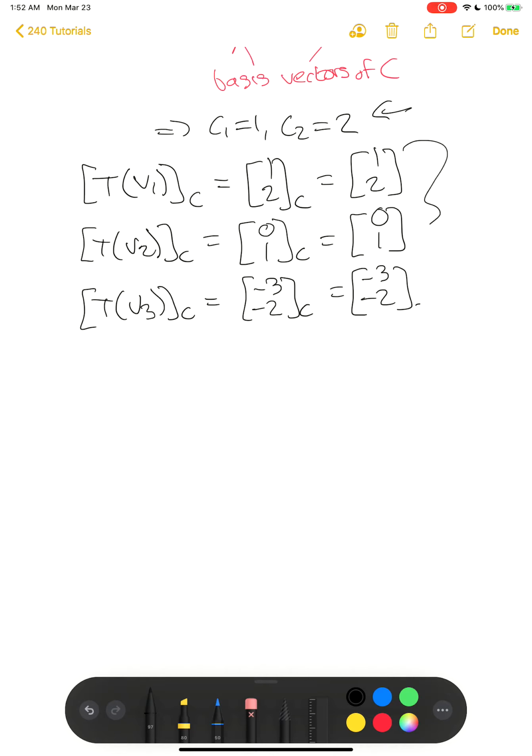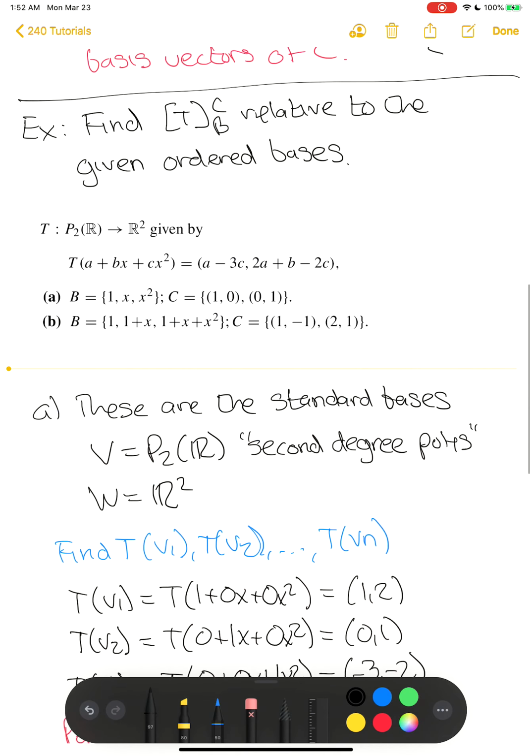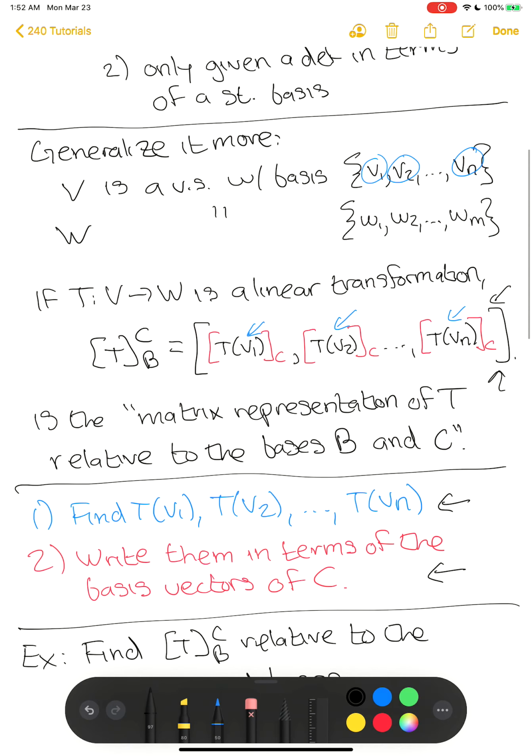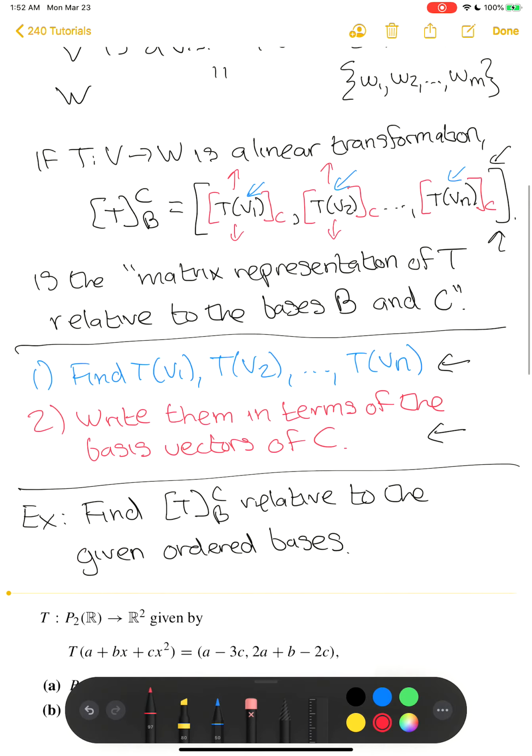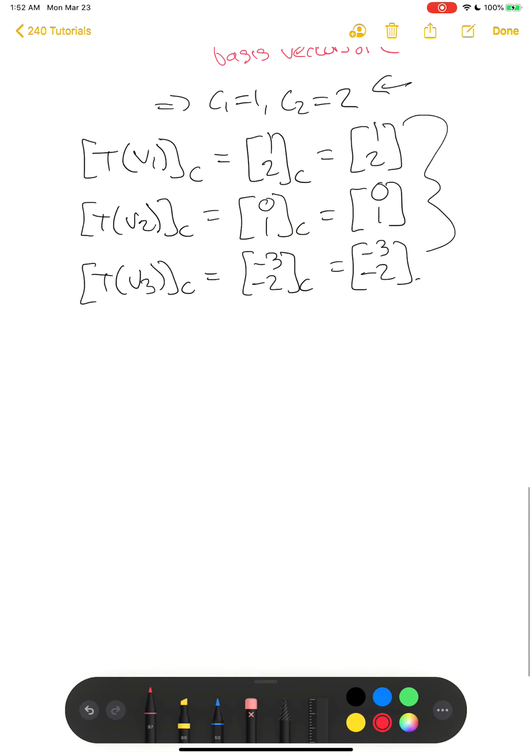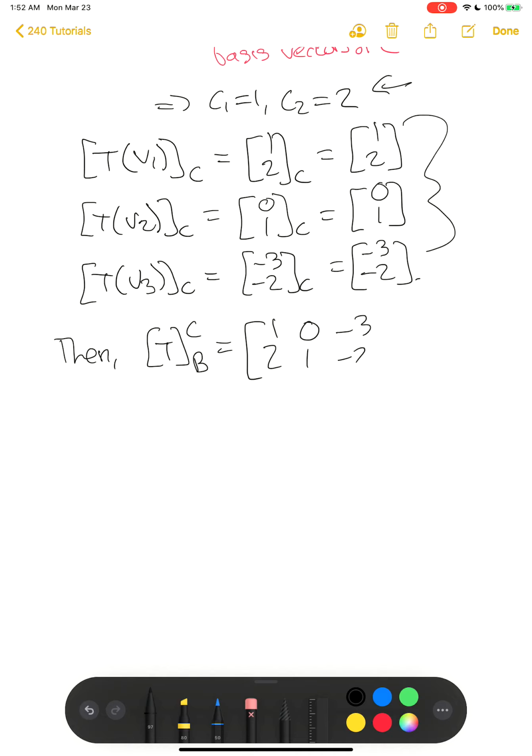And so what we do with these now is we stick those in as the columns in our matrix, just as we did in the previous video. So, what's this thing actually called? The matrix representation of T relative to the bases B and C is equal to 1, 2, 0, 1, -3, -2. And we're done.